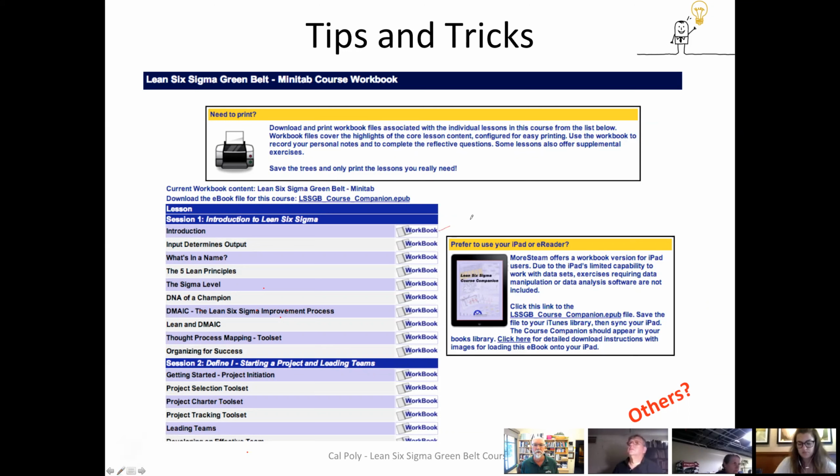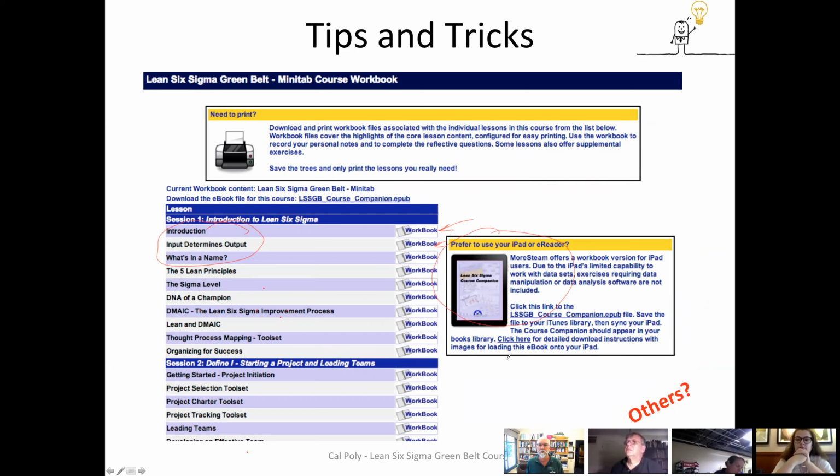That can help you when you get to your final exam and have to find key points quickly. The other thing is you can download all of these onto multiple types of e-readers, Kindles or iPads, so you've got all these notes as a companion as you go through the training sessions.